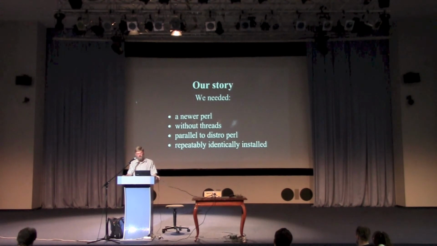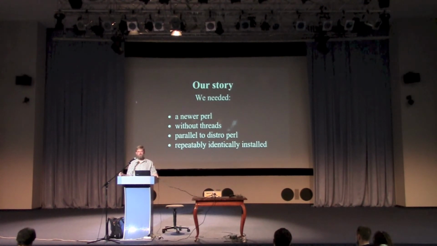So, our story. We needed a newer Perl. We were using RHEL 5, and we had a lot of different machines. We also needed it to be built without threads for an application-specific reason. We needed it to live in parallel with the distribution Perl so that it wouldn't hurt anything in the OS that was already using Perl 5.8.8.